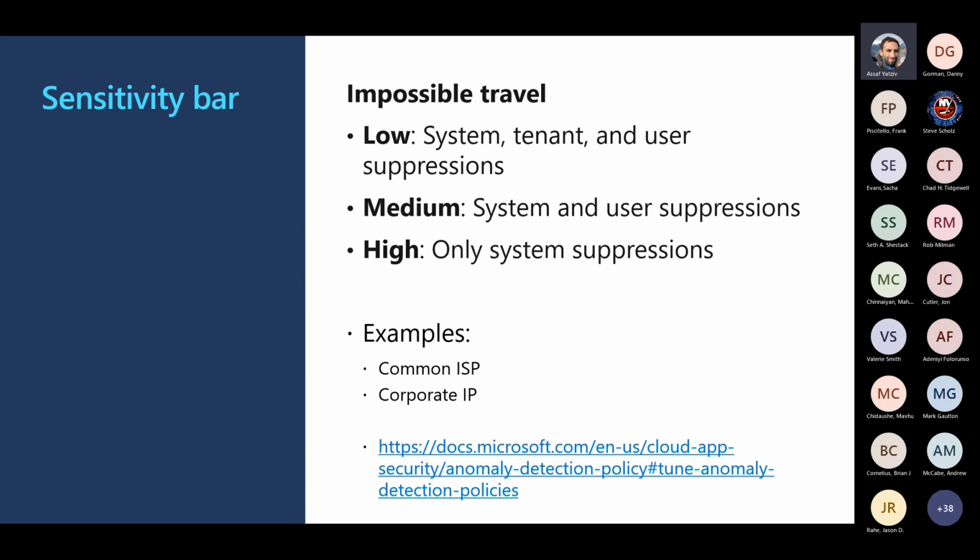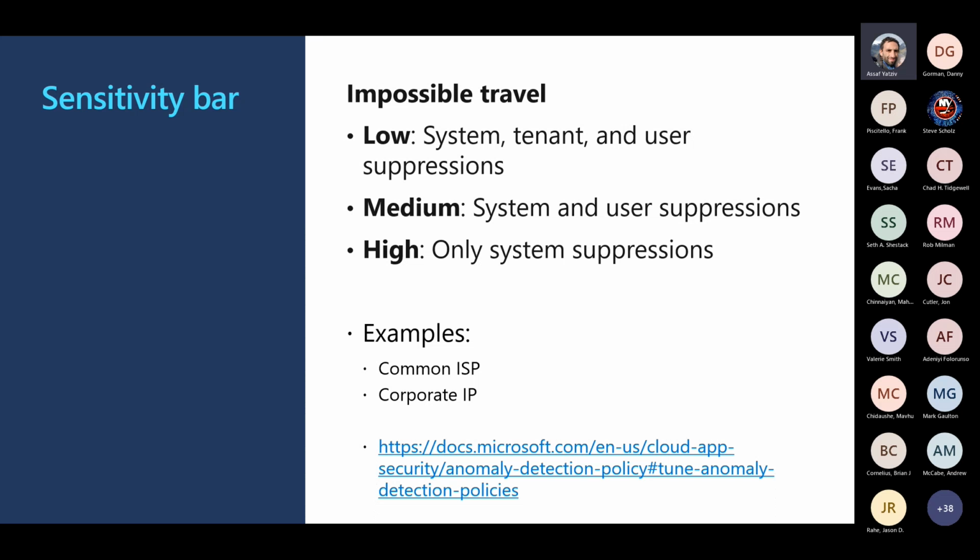Medium is like user suppressions. We say, okay, it's common specifically for the user, and low is also for the tenant. For example, with a common ISP feature, if the ISP is common for the tenant, we will suppress this alert as well.